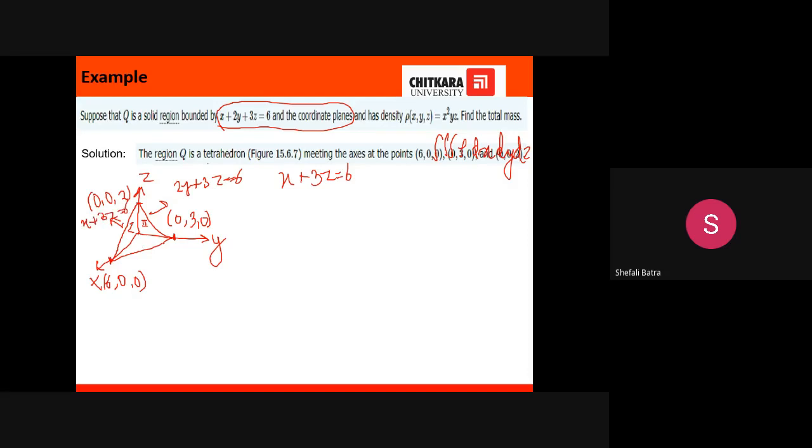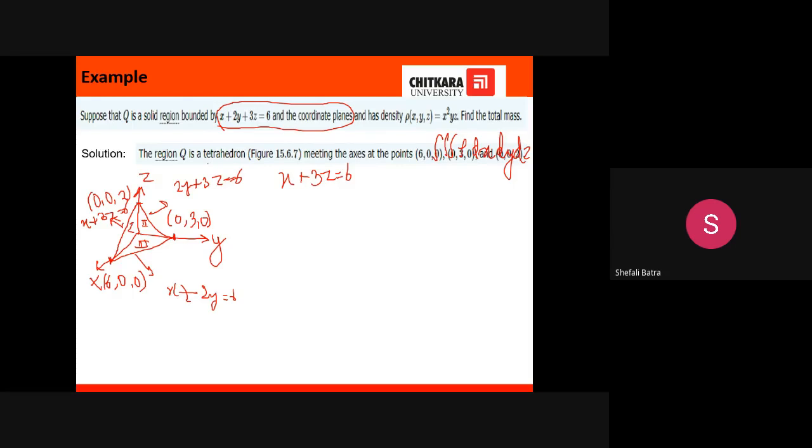And in the xy plane z would be 0, so this line would be x plus 2y is equal to 6. So this is your third phase, right? Now imagine you are sitting in a room and holding one corner of the room. One wall is on your left-hand side, and a triangle will form on that wall, right? One triangle will form on the wall on your right side.